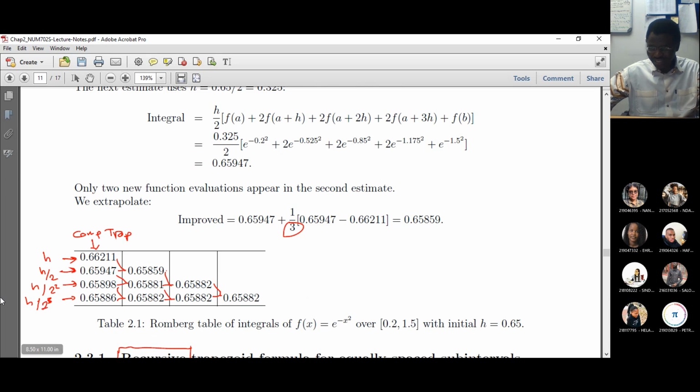So we are going to generate a similar table, taking the number of subdivisions to be a power of 2. R_{n,0}: the second index represents the column. So 0 represents this one, the first one, which is the composite trapezoidal rule. So it will be similar to this one. That's why I asked you to take time and try to understand how this is generated. If you did it, fine. If you didn't do it, up to you.